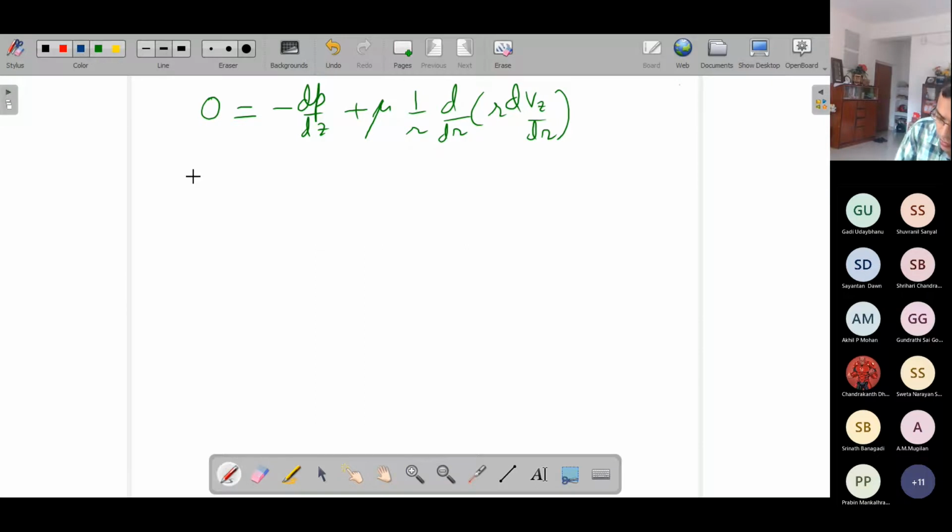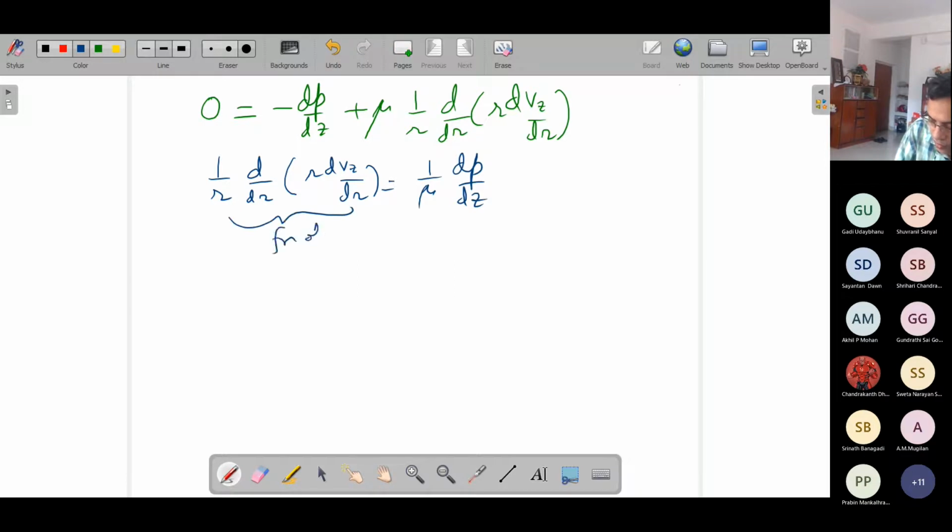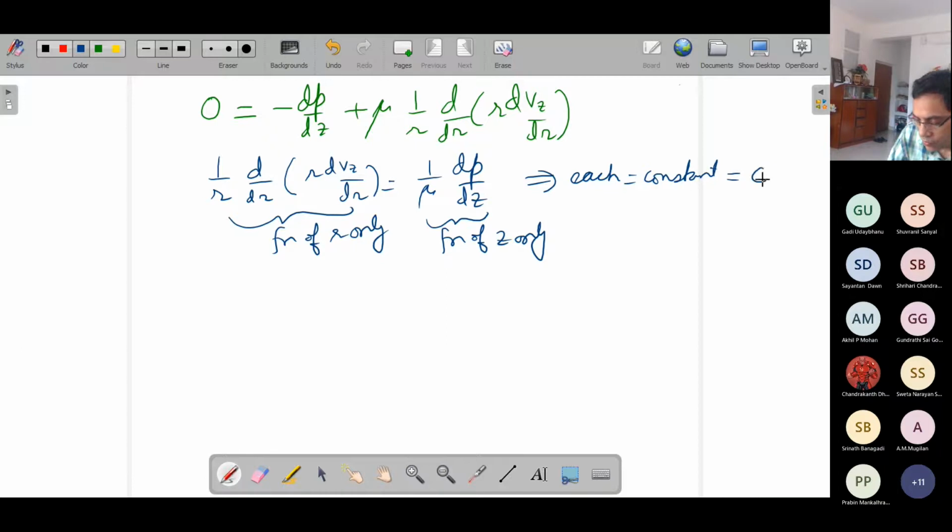So mu, so 1 by r d/dr of r dvz dr is equal to 1 by mu dp dz. Function of r only. This is function of z only. So this implies each is equal to constant. Okay, so the constant is c.